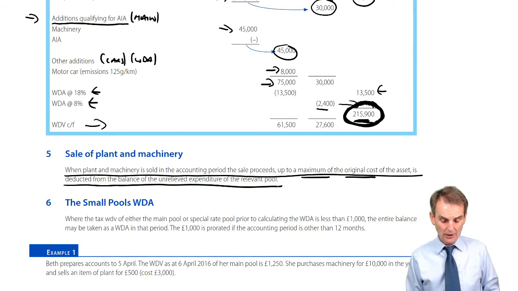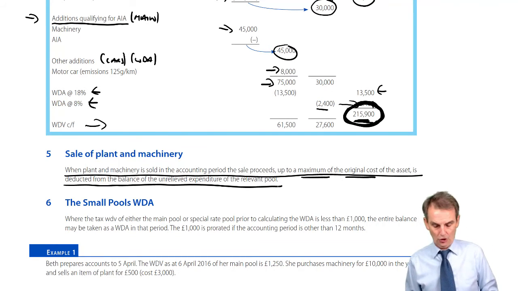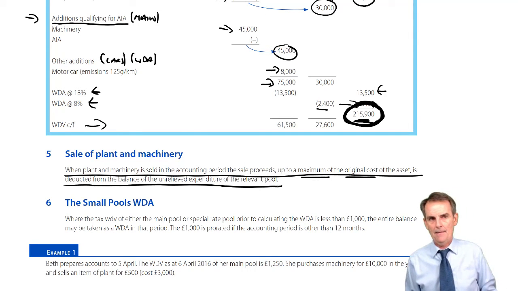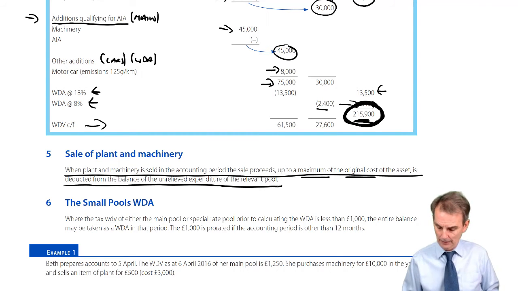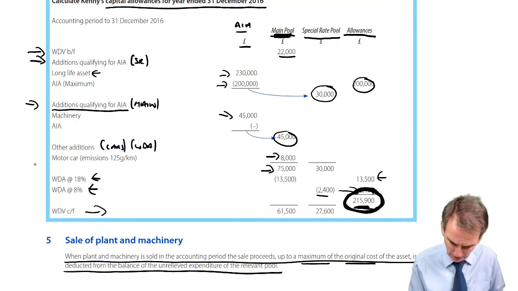Now, we'll also need to see where on our pro forma we make that deduction. We deal, as we know, firstly with additions that qualify for AIA. We then have the other additions, the cars that only get WDA. And at that point, up until now, we would then claim the writing down allowance.